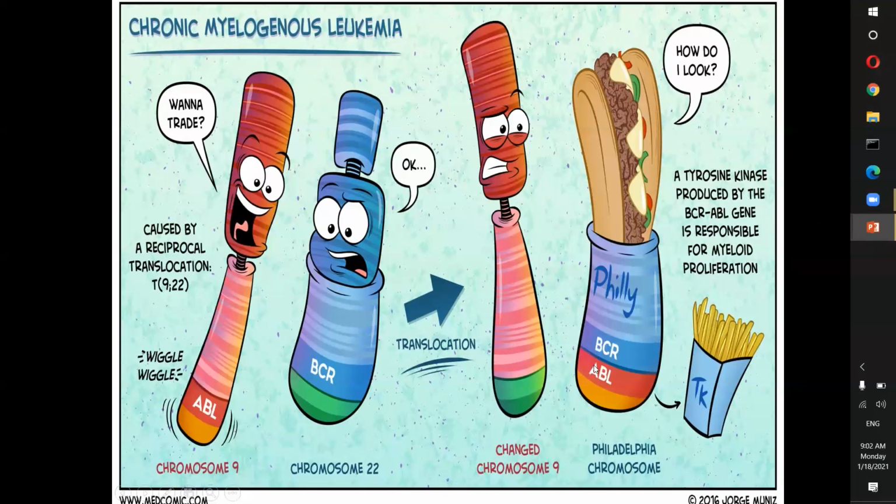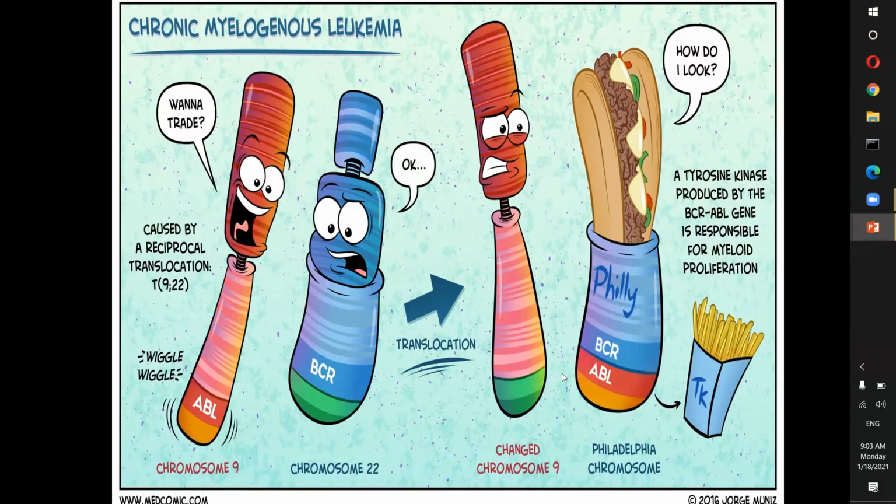This translocation is targeted by treatment called tyrosine kinase inhibitor, targeting the BCR-ABL gene. This is a gene resulting from translocation of two chromosomes. So what is CML?